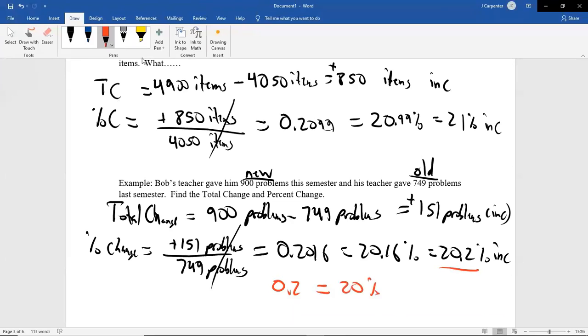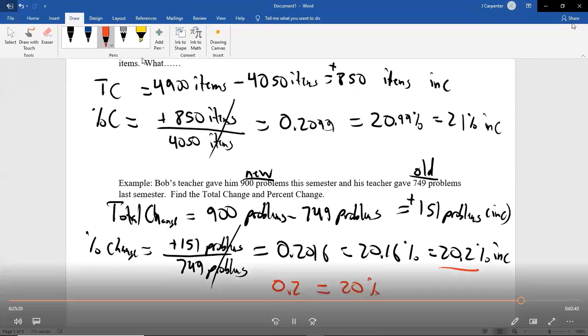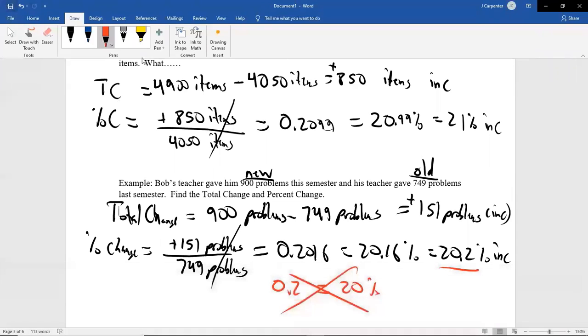So that's one thing to be careful of when you're told to round a percentage. You will need more of the digits as a decimal, and then you'll do the rounding when you get to your percentage. That would have been wrong because you rounded too soon. Don't round the decimal value, round the percent value. Use 3 or 4 or 5 extra digits than you think you actually need with the decimal value.